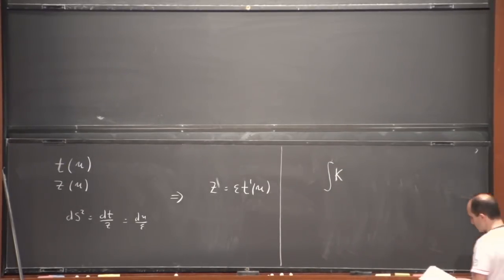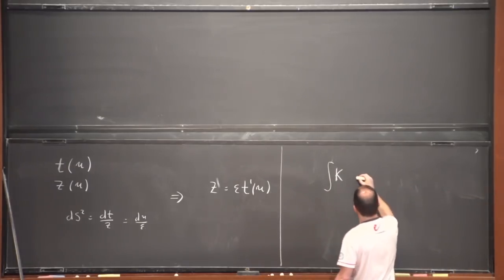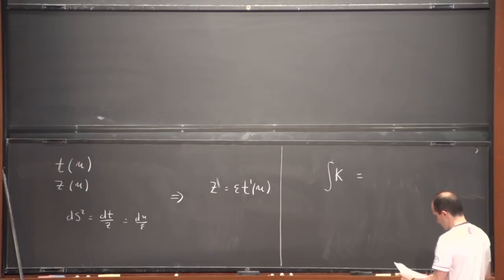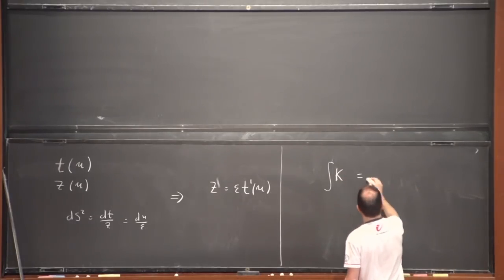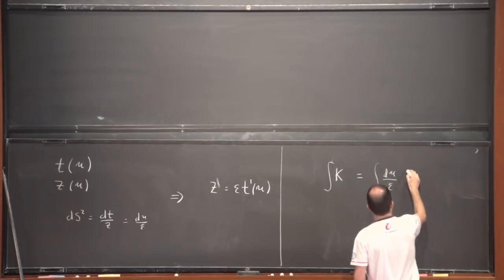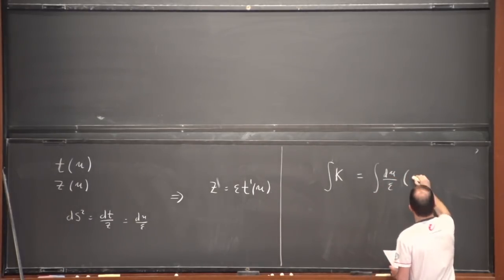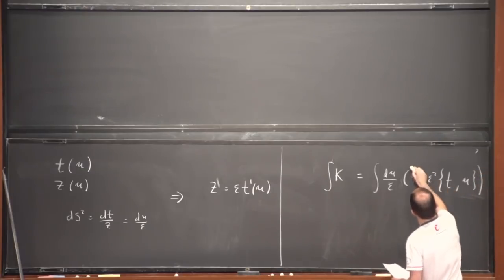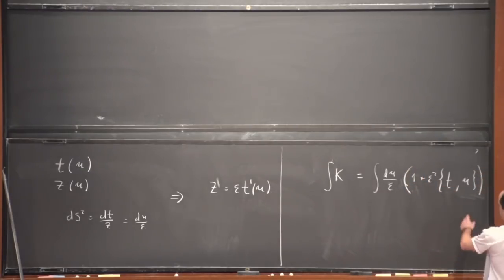We can check that this indeed breaks the symmetry because we can compute it for this curve and find that it has the form du over epsilon times 1 plus epsilon squared, and then the Schwarzian of t and u. This simply comes from calculating the extrinsic curvature.